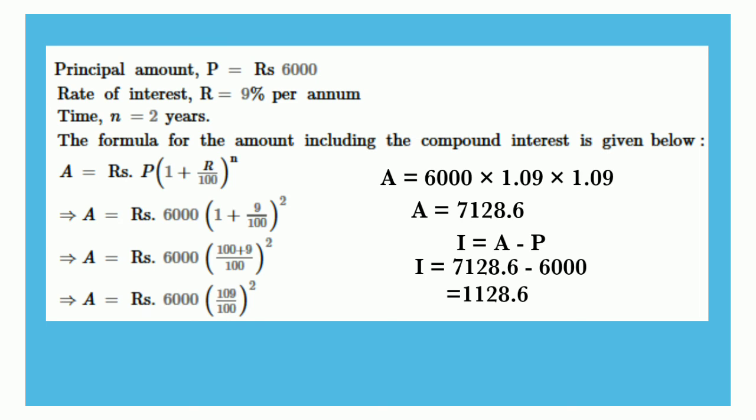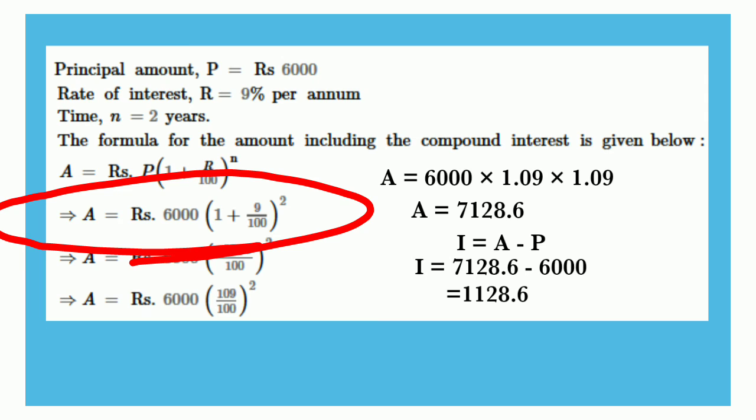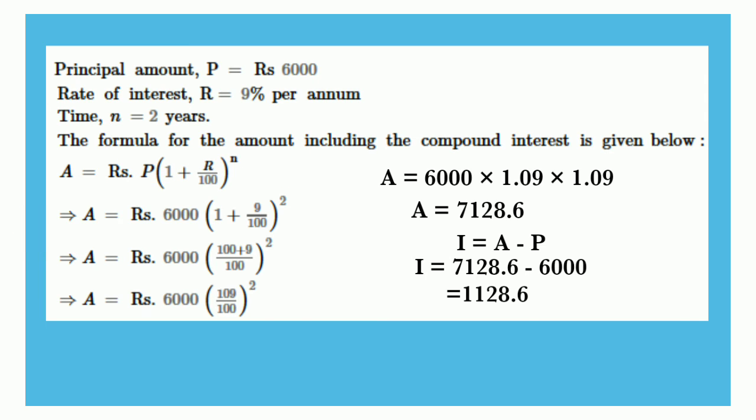For this, we use the formula A equals P into 1 plus R by 100, all raised to N. Substitute all the values. A equals P, that is 6000, into 1 plus R, the rate of interest given as 9%, so 9 by 100, all raised to N. N means the number of years, that is 2.